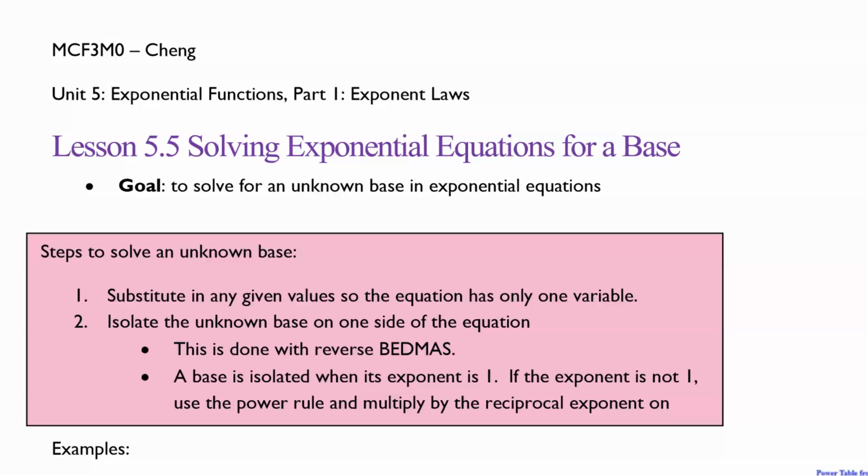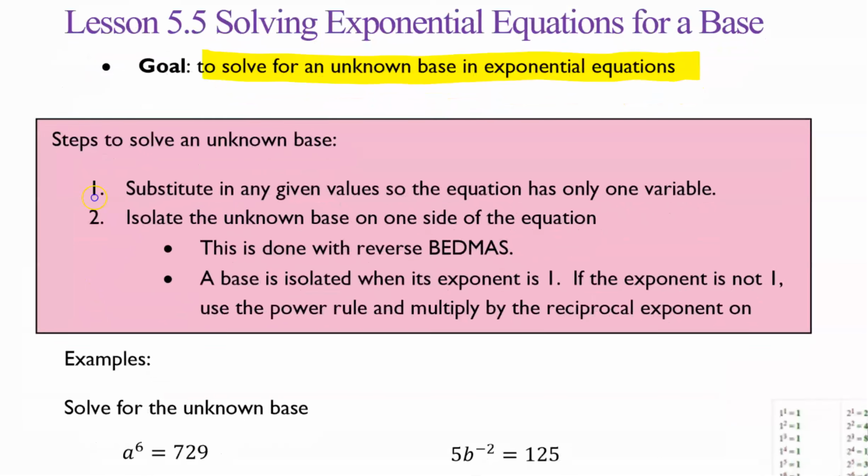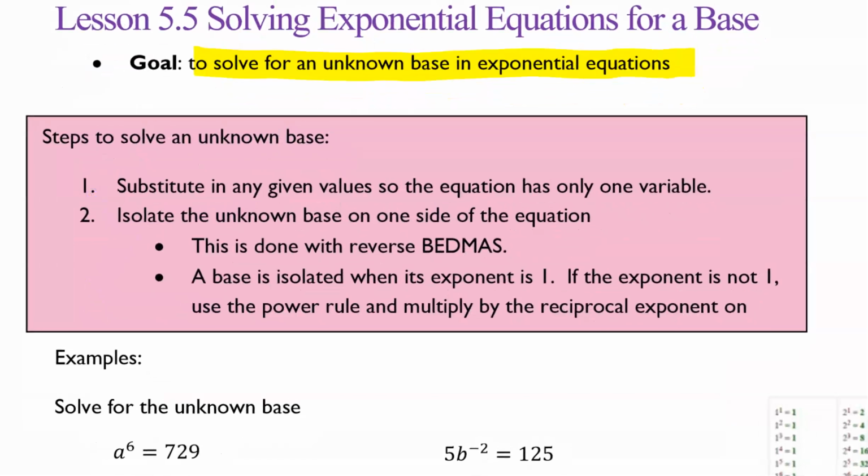The goal here is to solve for an unknown base in exponential equations. Our steps are to solve an unknown base: substitute in any given values so the equation has only one variable. We know that because if you have just one equation and we've got two variables in it, it's good for nothing.